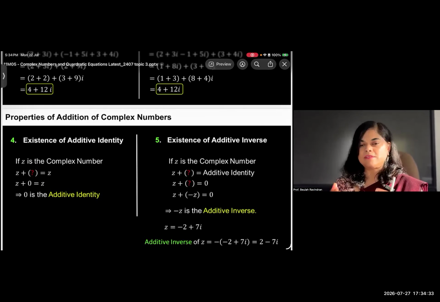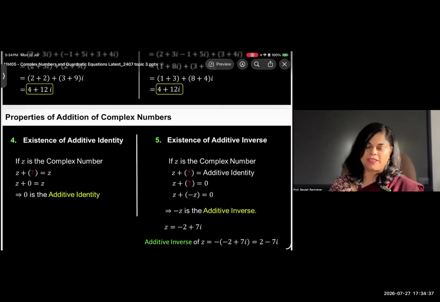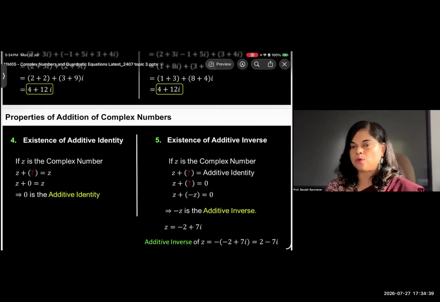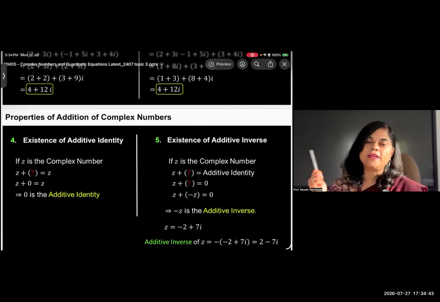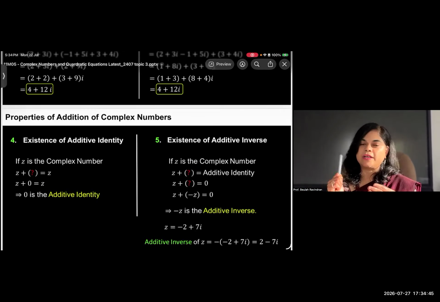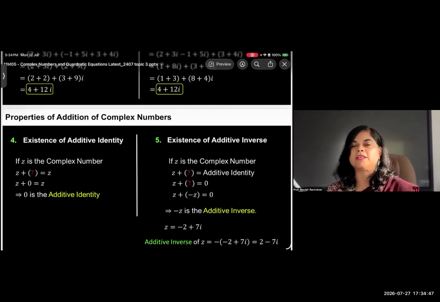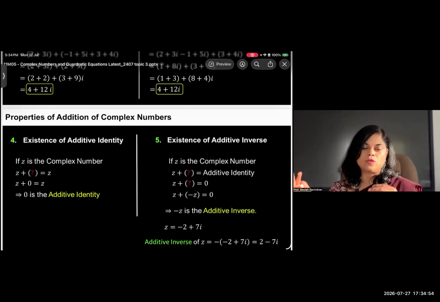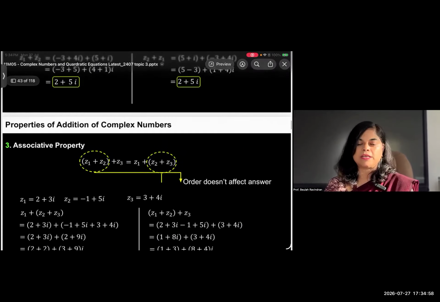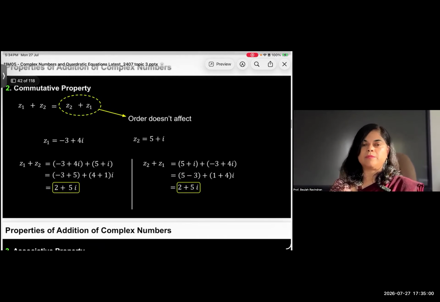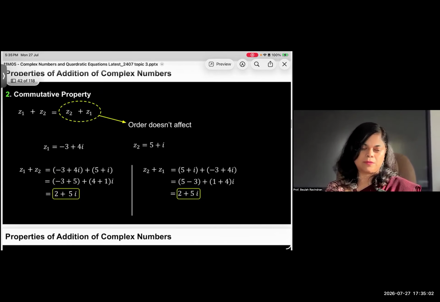To prove whether it is a group or not, it should satisfy all these properties: closure, commutative, associative, and then additive identity and additive inverse. This is a must for a number system, and it is justified for complex numbers too.